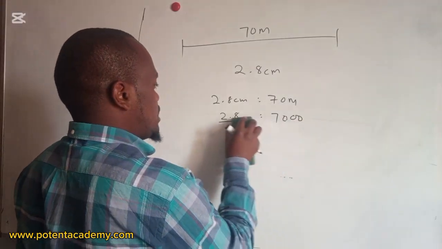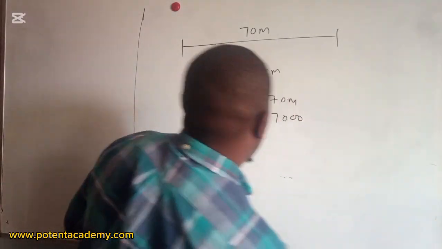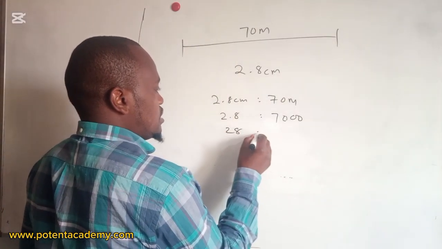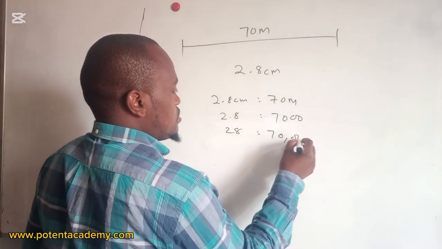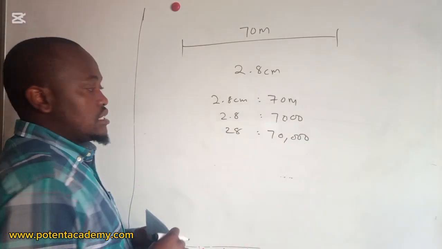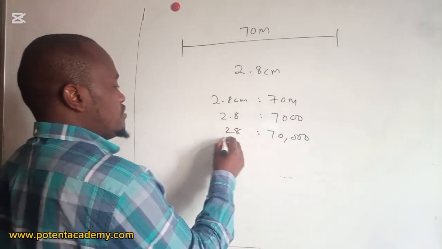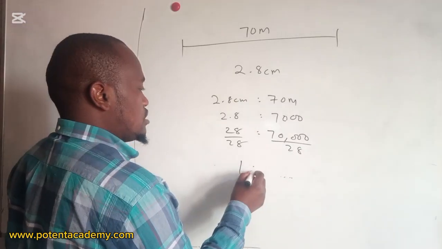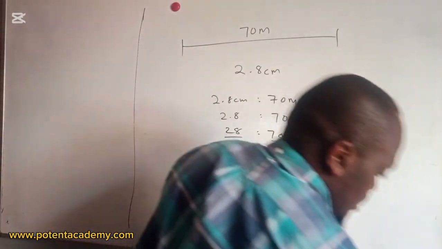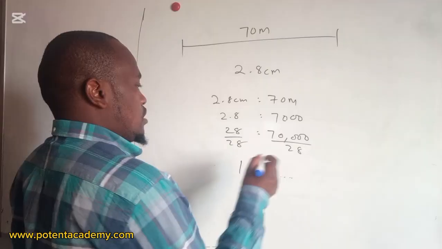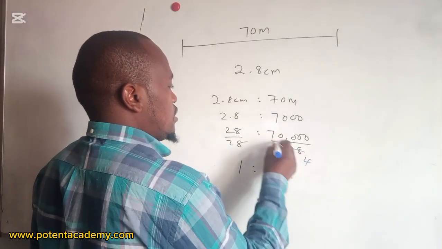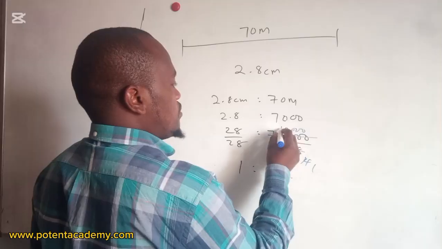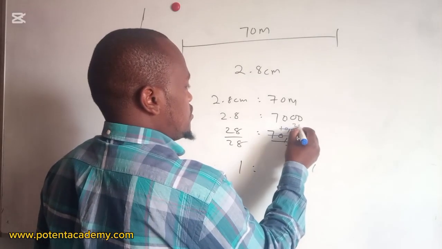Multiply both sides by 10 so that you remain with 4 on this end and 10,000 on the other. Then divide by 4, both sides. It is 1 is to 2,500.